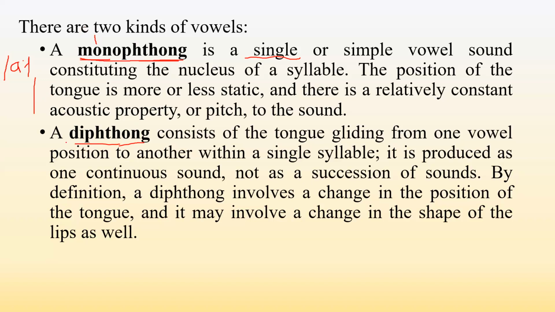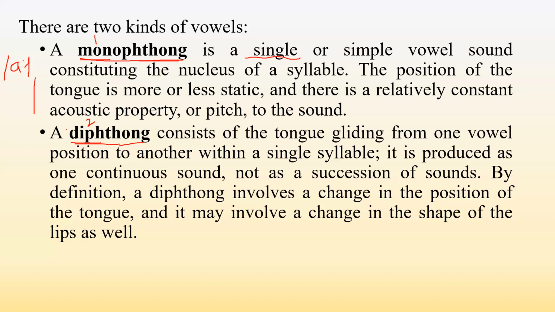And diphthong, di means two. So diphthong means two sounds. A diphthong consists of the tongue gliding from one vowel position to another within a single syllable. So there are two vowel sounds in this sound unit, right?